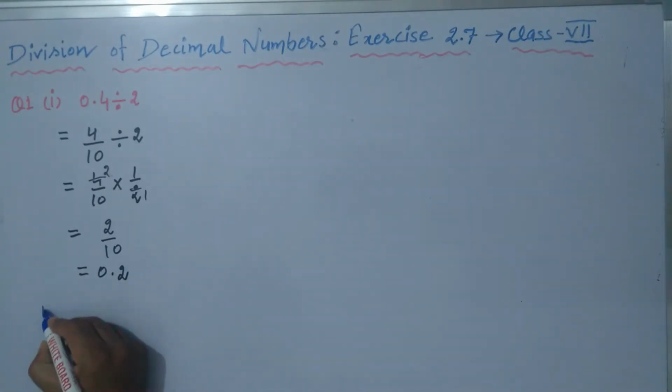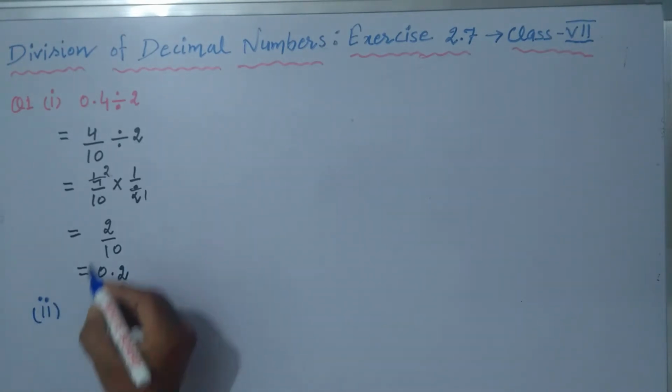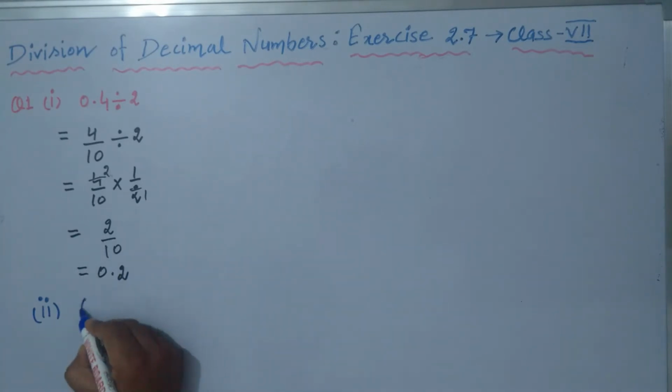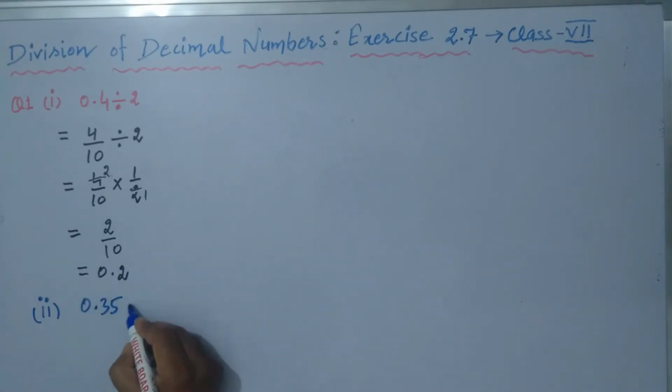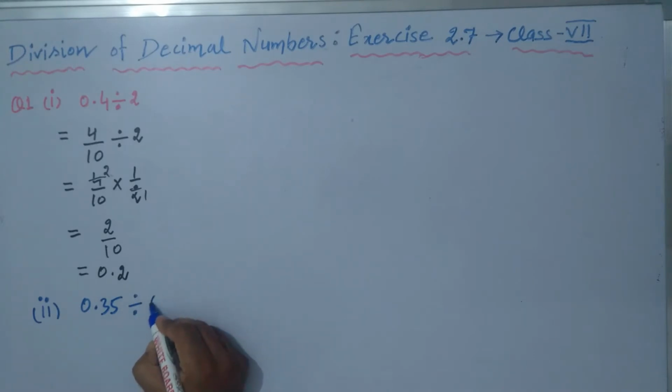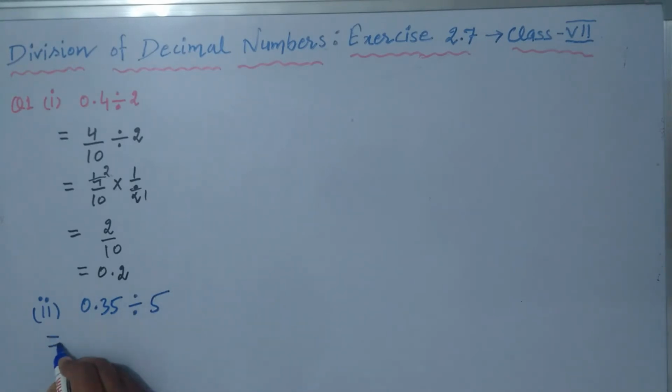Now coming to question number 2, we have 0.35 divide 5. So in this question we have 35 divide 100 divide 5. So this means 35 upon 100, divide will now be into 1 upon 5.